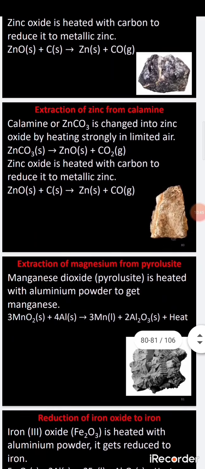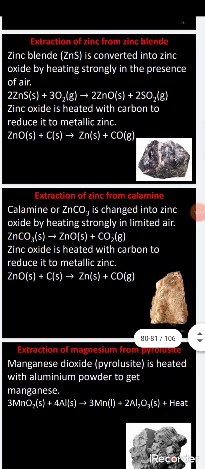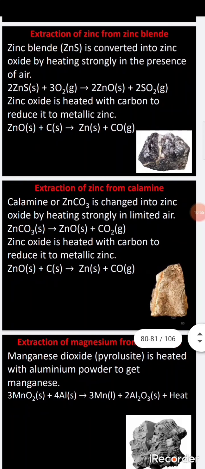Coming to the second question, how these processes are used in the extraction of zinc. In the case of zinc carbonate, most of the zinc carbonate is converted into zinc oxide, because we are heating the calamine, that is zinc carbonate, strongly in limited air: ZnCO3 gives ZnO plus CO2.